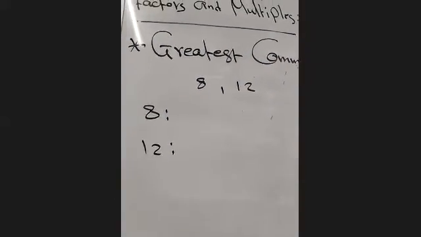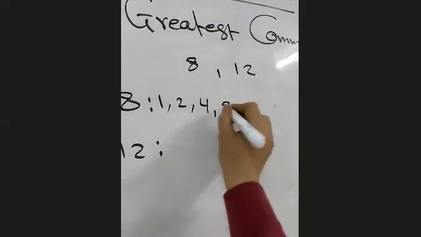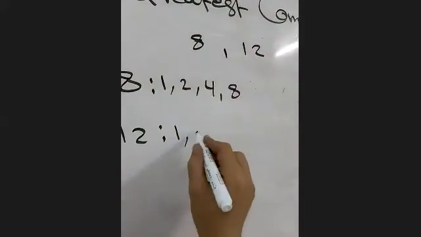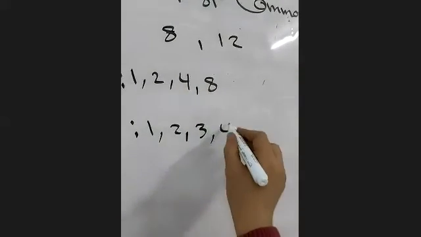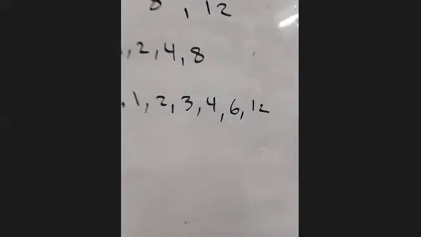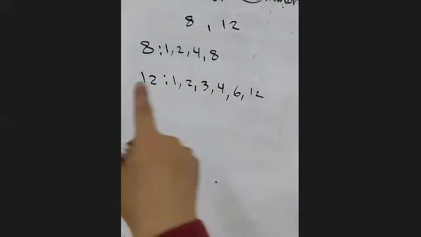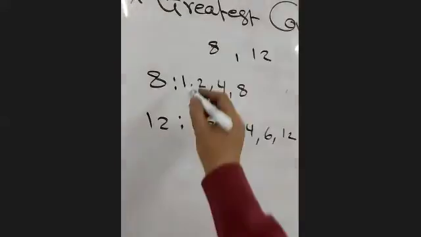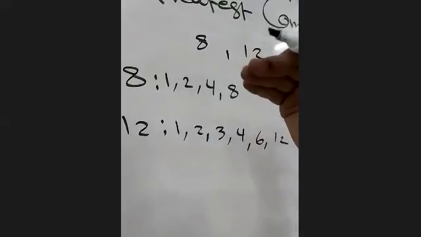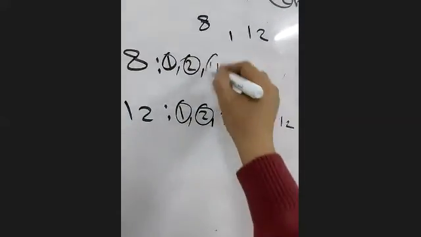What are the factors for 8? It is 1, 2, 4, and 8. 1 times 8, 2 times 4. But for the 12: 1, 2, 3, 4, 6, 12. 1 by 12, 12. 2 by 6, 12. 3 by 4, 12. Now, what are the common, guys? Common means exist here and exist here. 1, 2, 4.